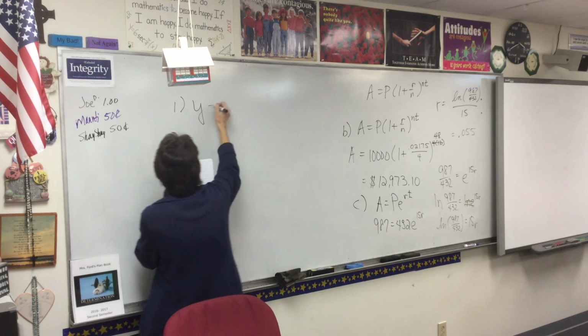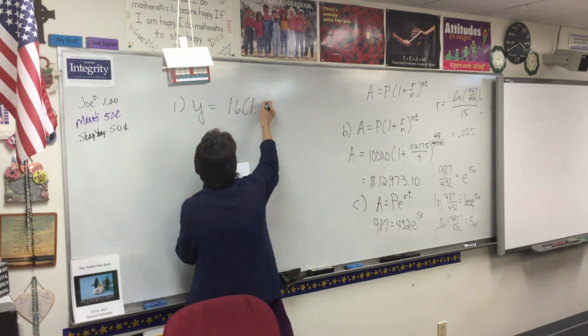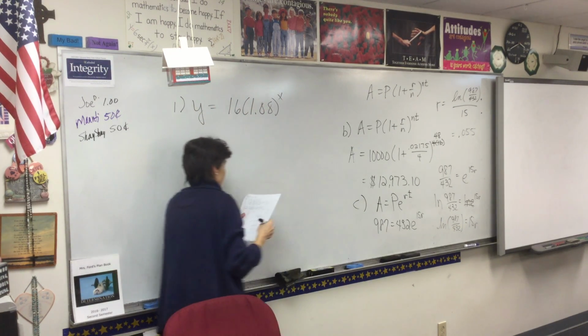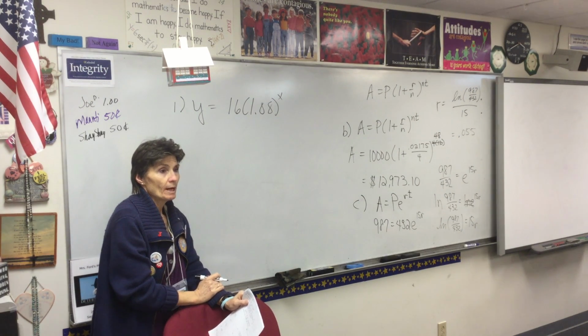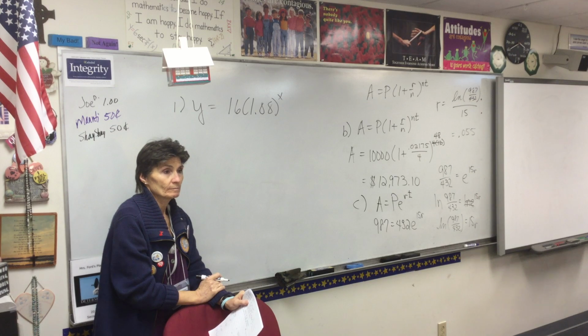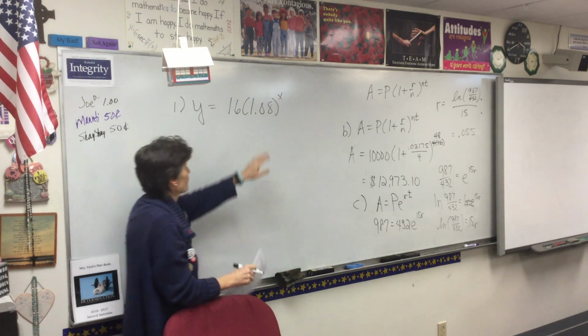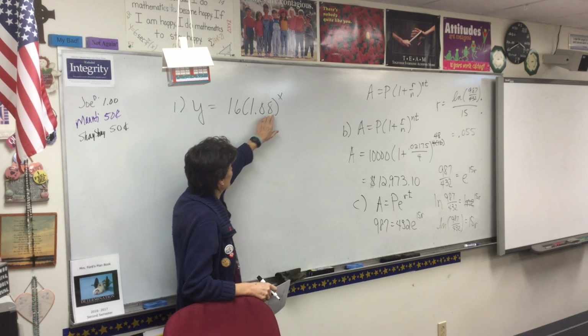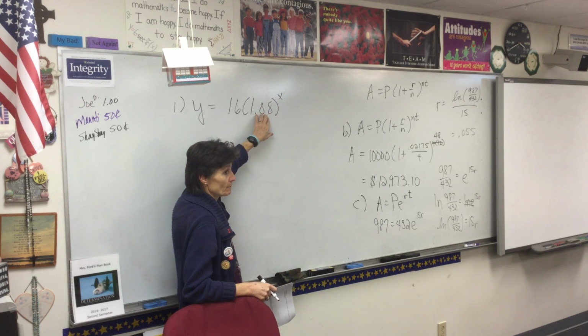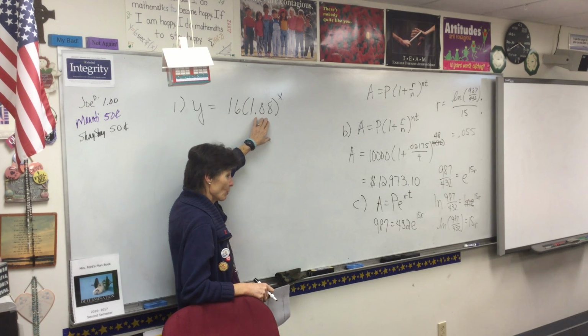All right, so number 1, here we go. Is it growth or decay? Growth. How do we know it's growth? It's bigger than 1. This number right here is the one the x is hooked to, the base of the exponential. It's bigger than 1, so it's growth.